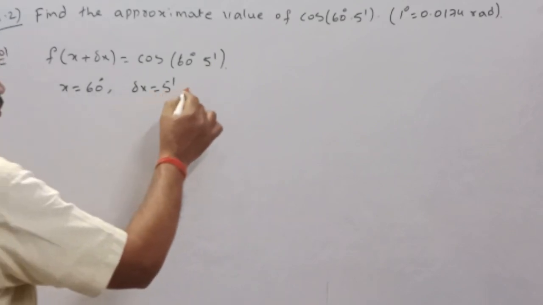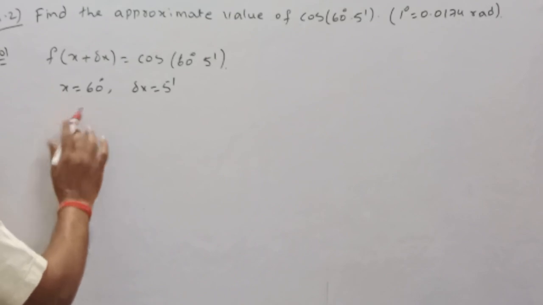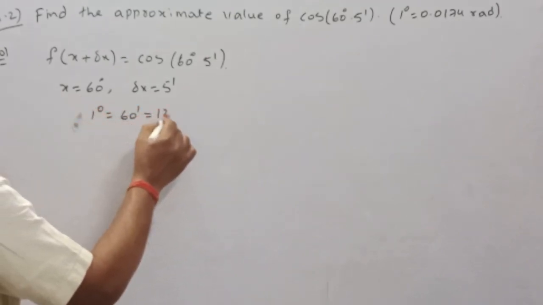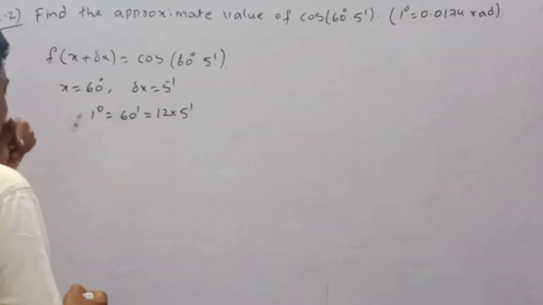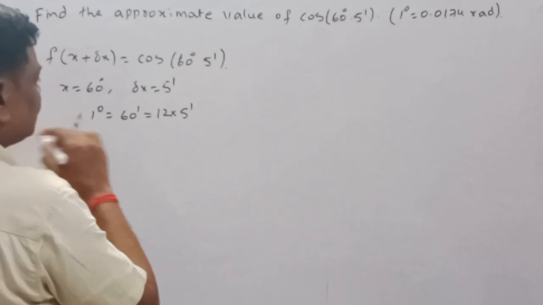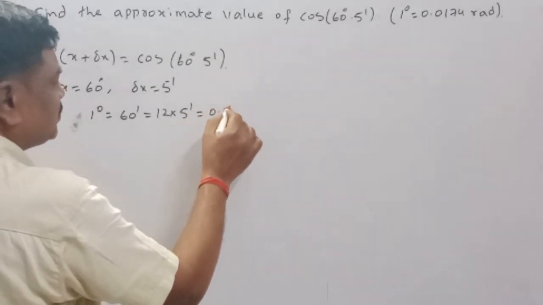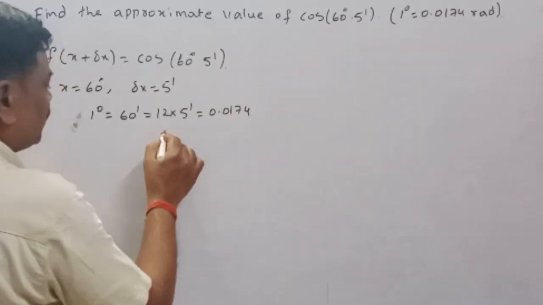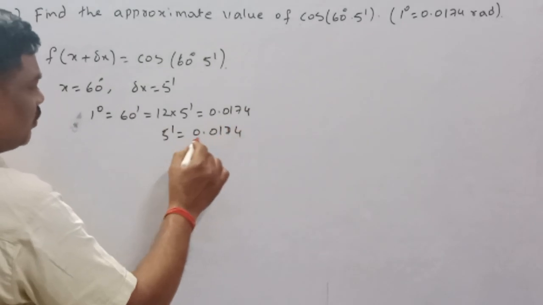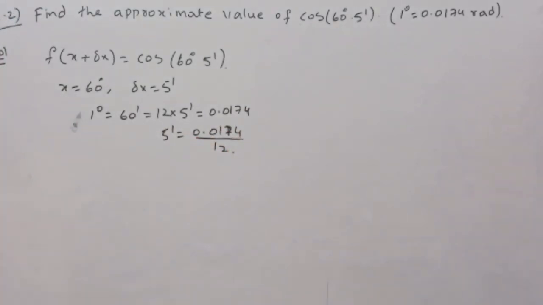We know that 1 degree is equal to 60 minutes, so 5 minutes is 1 by 12 of a degree. 1 degree is 0.0174, so 5 minutes is 0.0174 by 12.